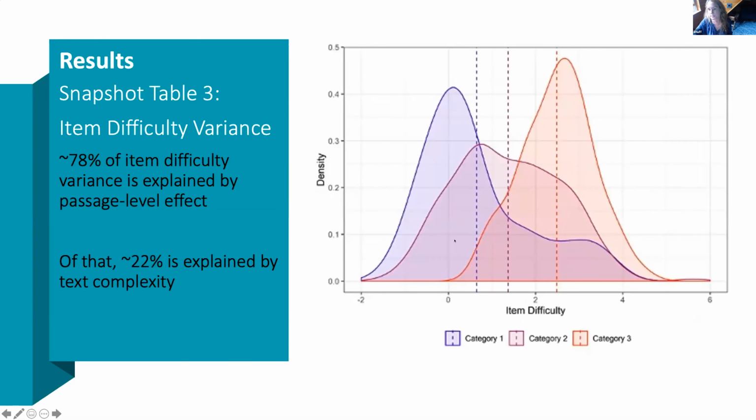And then the last research question was about the relationship between text and item difficulty. And so what you see here, category 1, 2, and 3, and by the way, for these set of analyses, in an assessment program, the rubric that we're using, the CCSSO rubric, has 4 levels. That's really to cover all grade level passages.